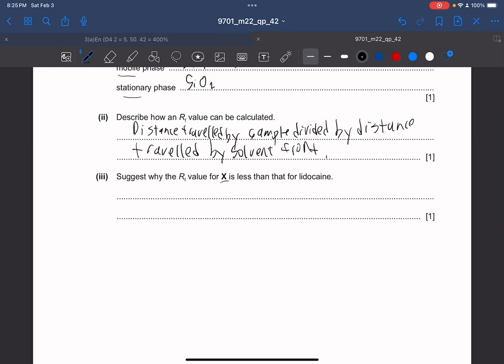Either X is more attracted to the stationary phase, so it's more attracted towards the silica, or we could also say that lidocaine dissolves better in the solvent, probably because lidocaine is less polar, more non-polar, something like that. So I would just write lidocaine dissolves better in the solvent.